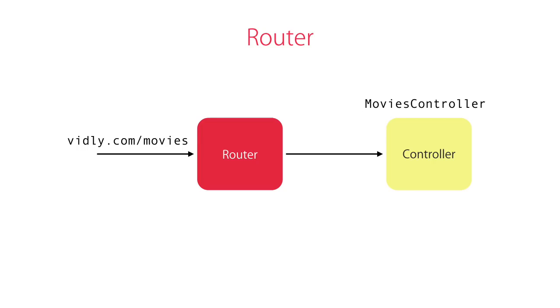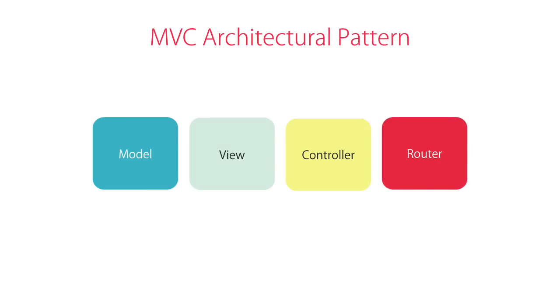More accurately, it should be handled by one of the methods of this class, because a class can have many different methods. In ASP.NET MVC, we refer to methods of a controller as actions. So it's more accurate to say that an action in a controller is responsible for handling a request. So this was ASP.NET MVC in 3 minutes.